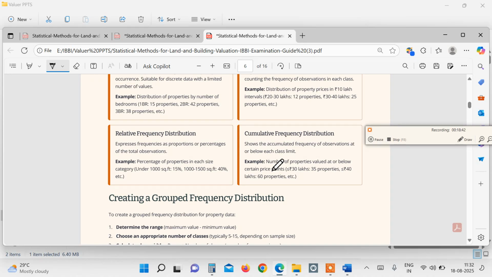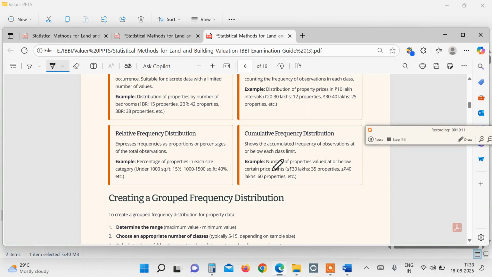In the relative frequency distribution, we express frequencies as proportions or percentages of the total observations. For example, percentage of properties in each size category: under 1000 square feet 15%, 1000 to 1500 square feet 40%, etc.